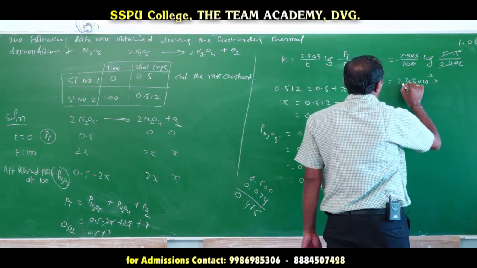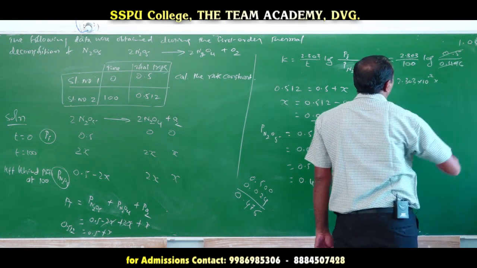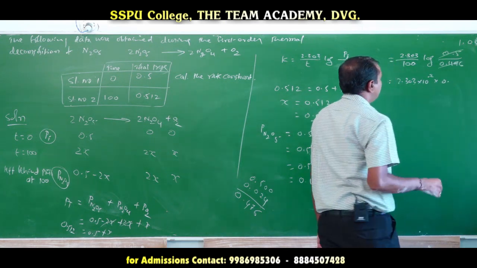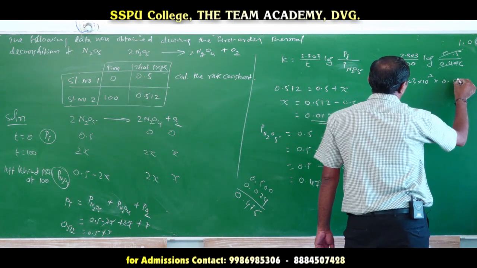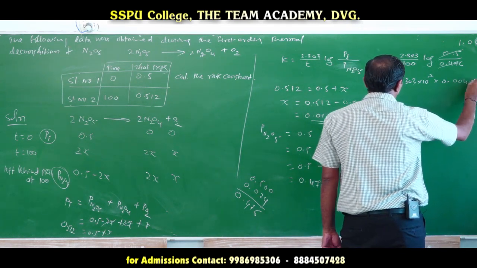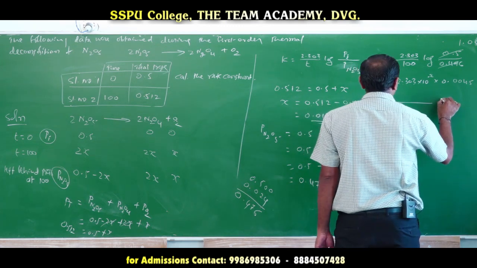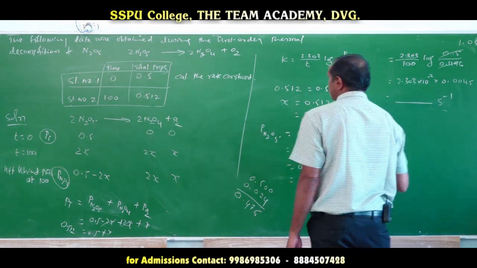To see the log value for that, the characteristic value is 0, and the mantissa is about 0.0045. If you multiply that by 2.303, finally we get the unit in terms of per second.